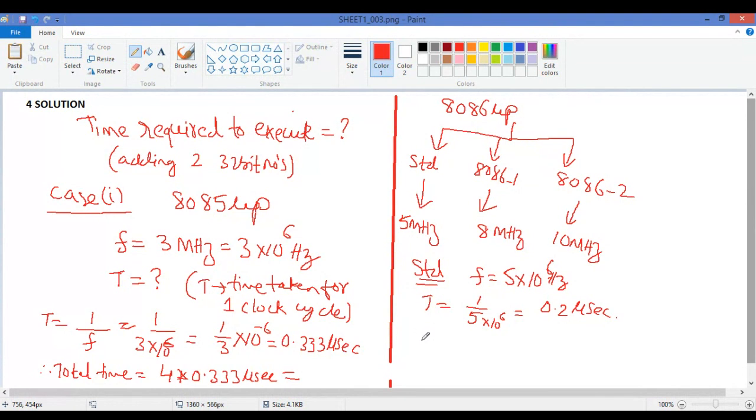For adding two 32-bit numbers, it is taking 2 cycles. So therefore the total time is 0.2 microseconds into 2, which is equivalent to 0.4 microseconds. So the total time required to execute the addition of two 32-bit numbers is 0.4 microseconds in the 8086 standard version.